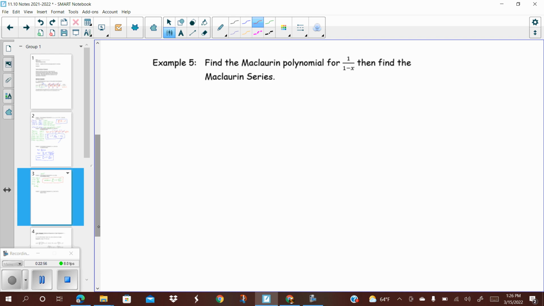All right, let's find the Maclaurin polynomial for 1 over 1 minus x, and then write its series. So let's start off with f of x is 1 over 1 minus x, f prime of x. So let's see, again, that would be the same as 1 minus x to the negative 1 power.